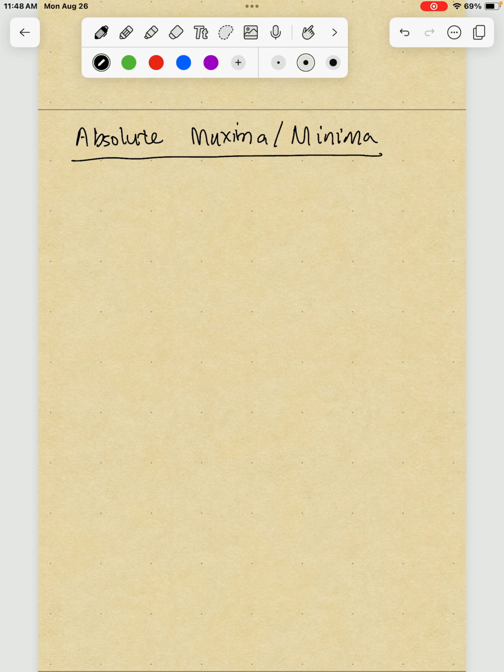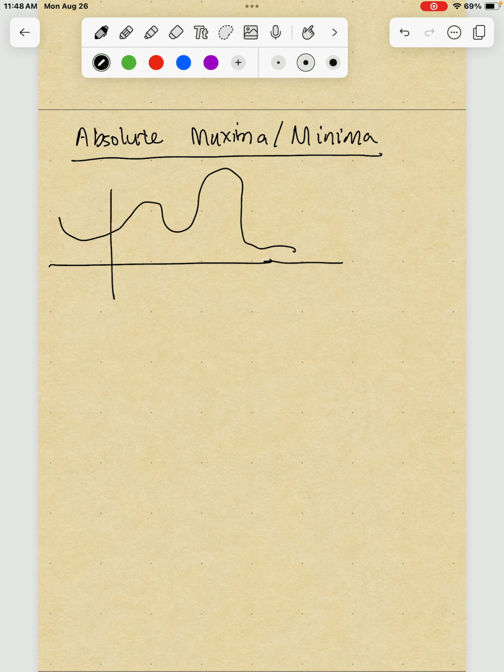But the concept of an absolute maximum and minimum really has nothing to do with derivatives. I mean, you can use derivatives to figure out where they are, but in terms of what it is, it's not about derivatives or anything. So the idea is that if you have some function, something like that, then the absolute maximum value of the function is the biggest y value that's achieved by the function.